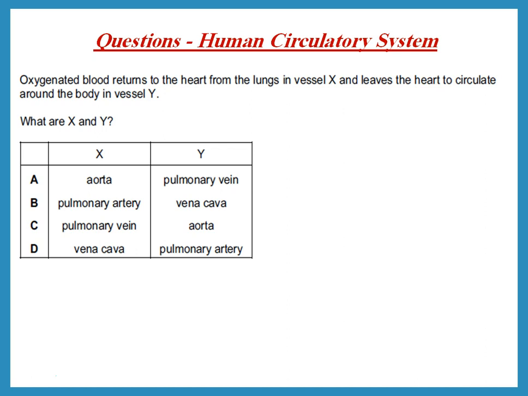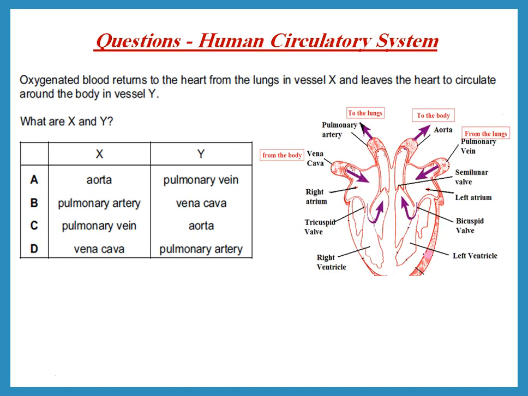Okay, so let's do some questions on the human circulatory system. So this first question says, oxygenated blood returns to the heart from the lungs in vessel X and leaves the heart to circulate around the body in vessel Y. So what are X and Y?